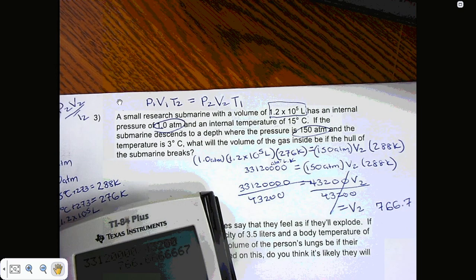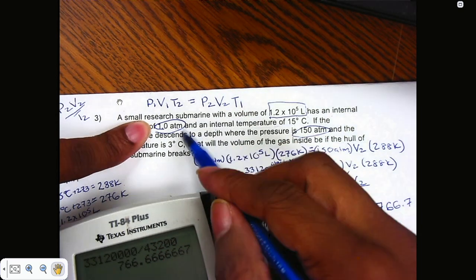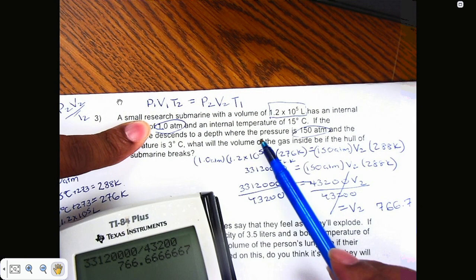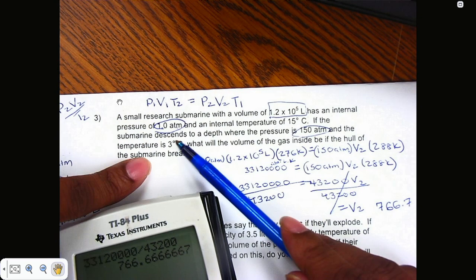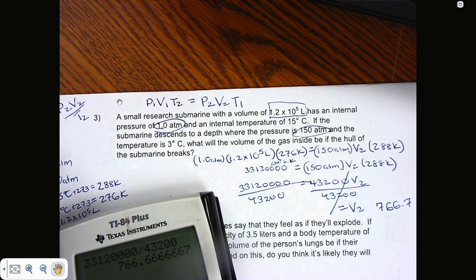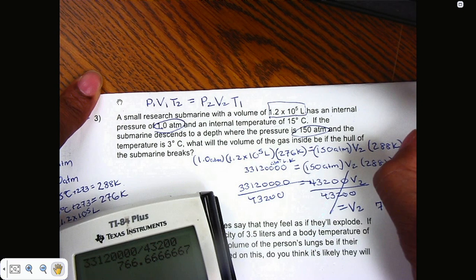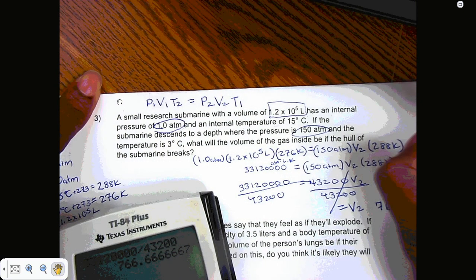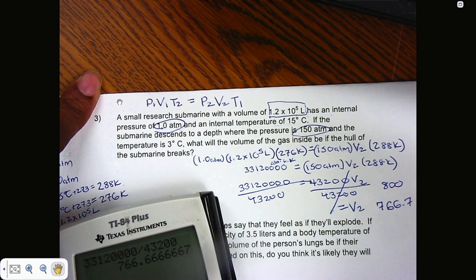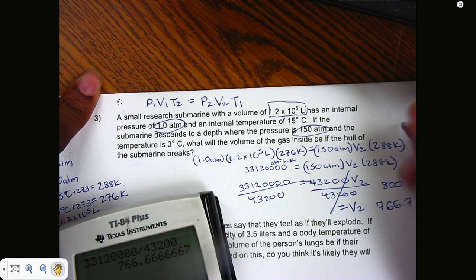Seeing as though this 1.0 ATM has the least amount of sig figs, I'm going to assume, well, actually the 3 degrees could be regarded as having one significant figure. So if we really were rounding it, a raw answer would be closer to 800 if you wanted one significant figure for liters.